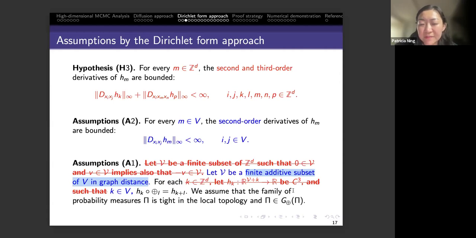I don't need that, but I do need its translation invariance. Probably this condition can be further relaxed if you consider a more general graph structure, but in this paper we focus on the comparison of the convergence approach, and the generalization of the graph is not our main focus.